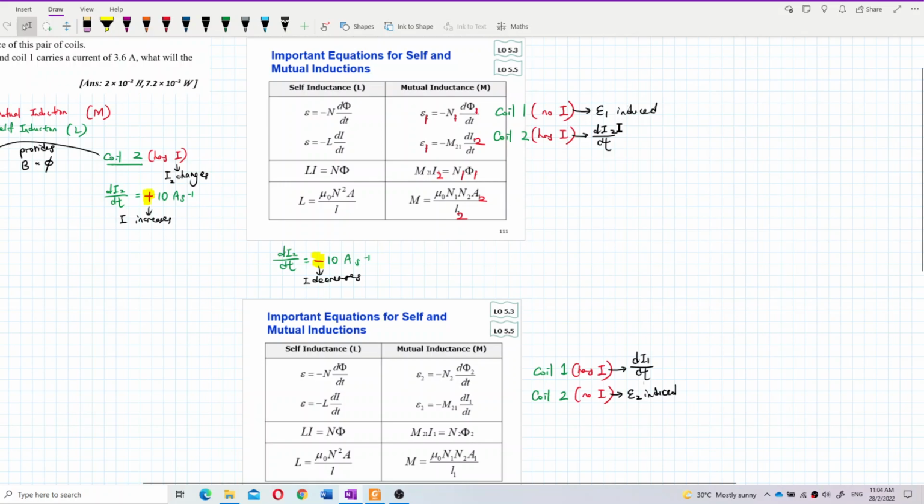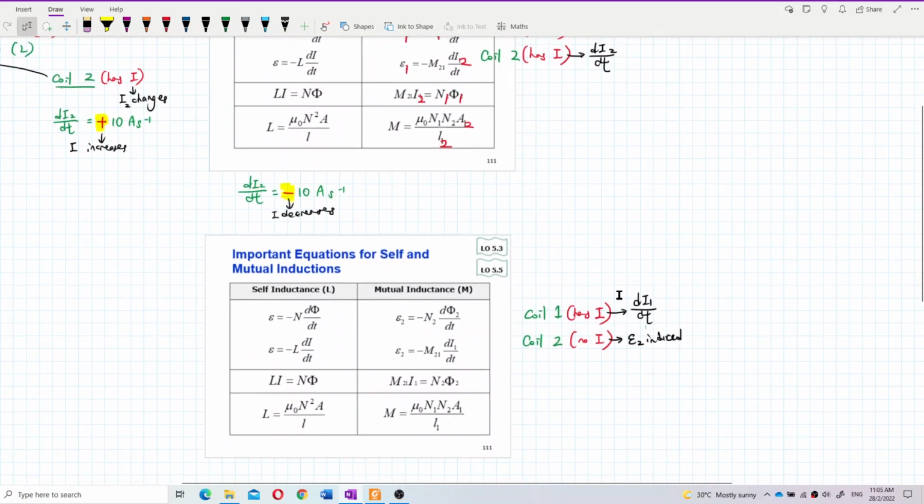That's the opposite, so the equation also becomes opposite. 2 becomes 1, and 1 becomes 2. This one is 1 1 1 2, and this one is 2 2 2 1. So I hope you are clear for this one.